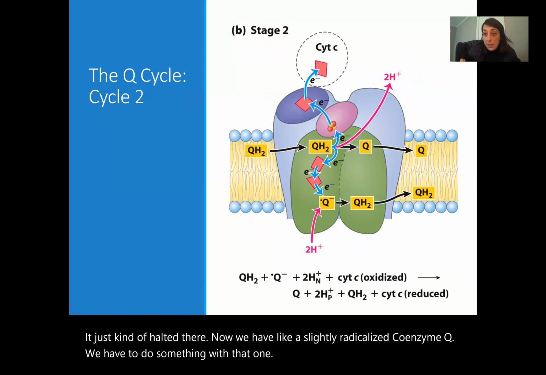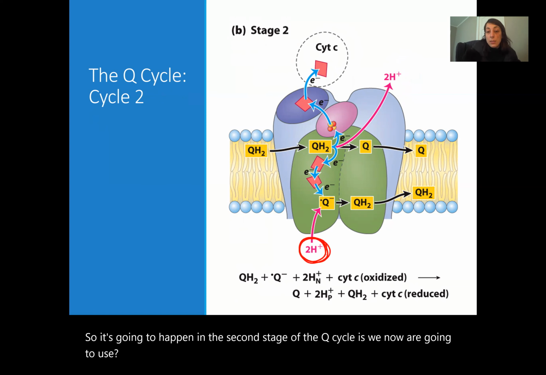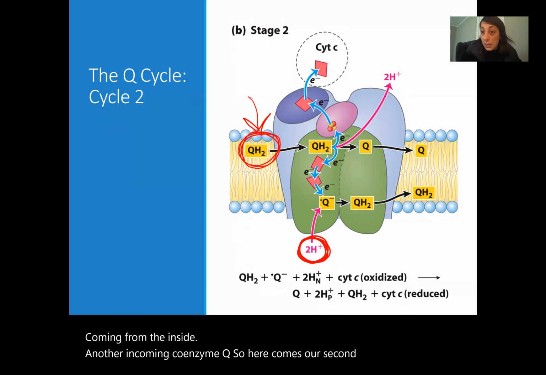So what's going to happen in the second stage of the Q cycle is we now are going to use 2 protons coming from the inside and another incoming coenzyme Q. So here comes our second coenzyme Q. It's going to do the same thing.